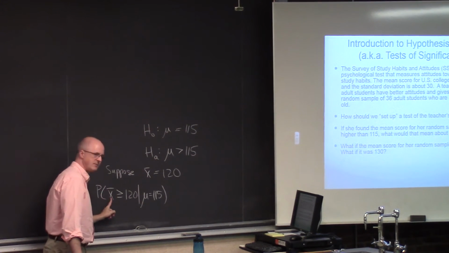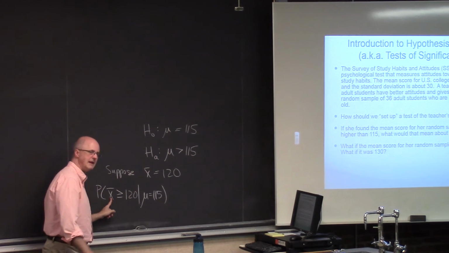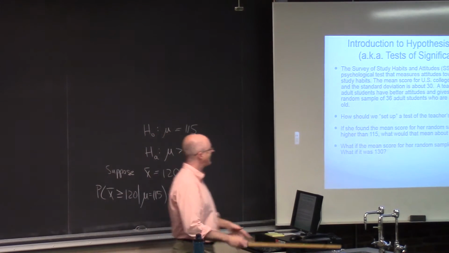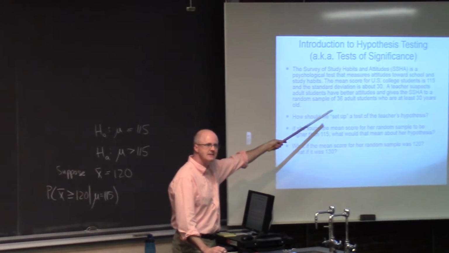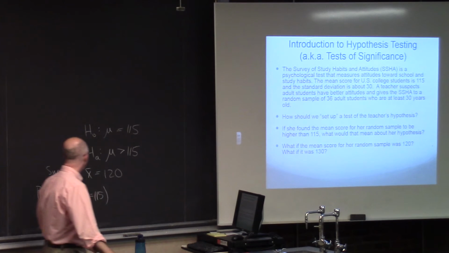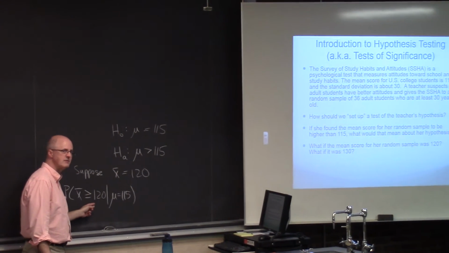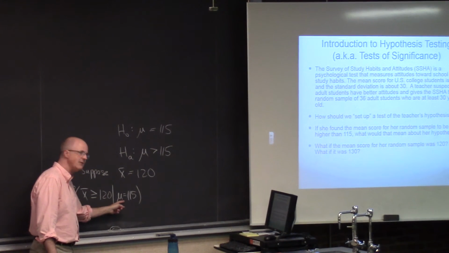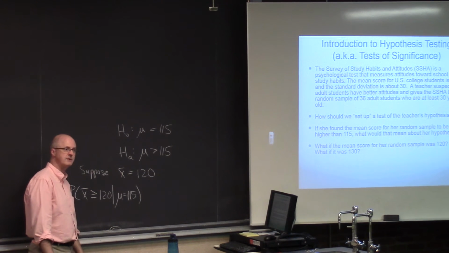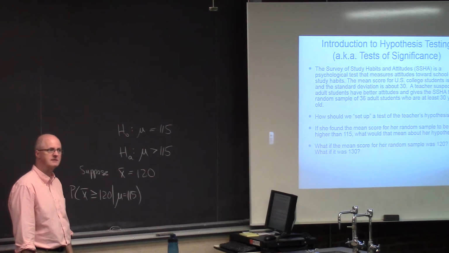It's the probability of observing in a simple random sample of the given size, 36 in this case, a sample mean of 120 or greater if you assume, if it is given that the null is true, if mu is really 115. It's not going to be a zero probability. It could happen by chance.